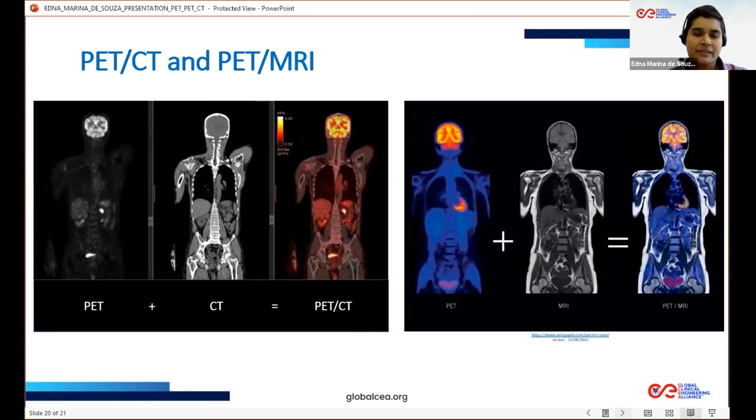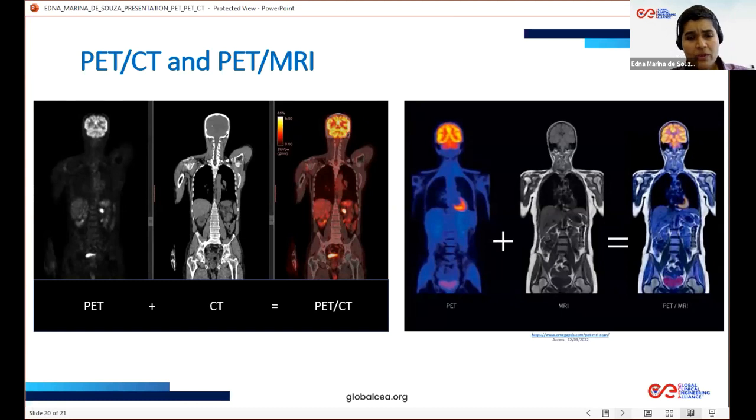In both cases, we have the combination of the metabolic information from PET and the anatomical information from CT or MRI, allowing the anatomical positioning of the activity detected by the PET technique.